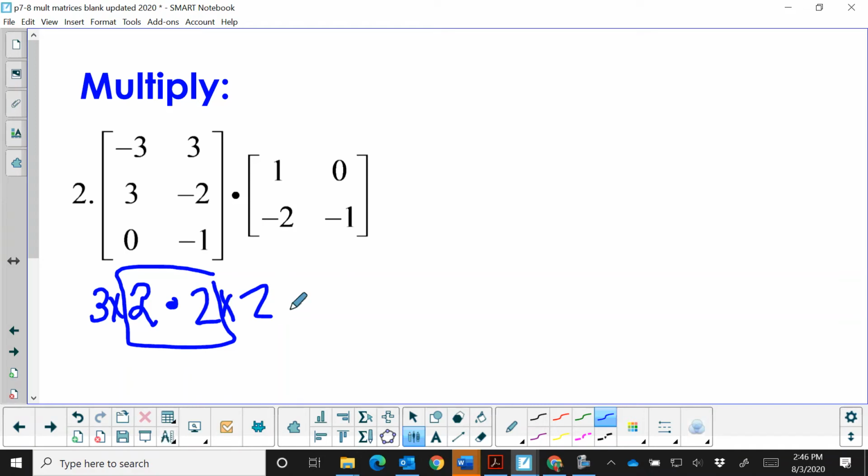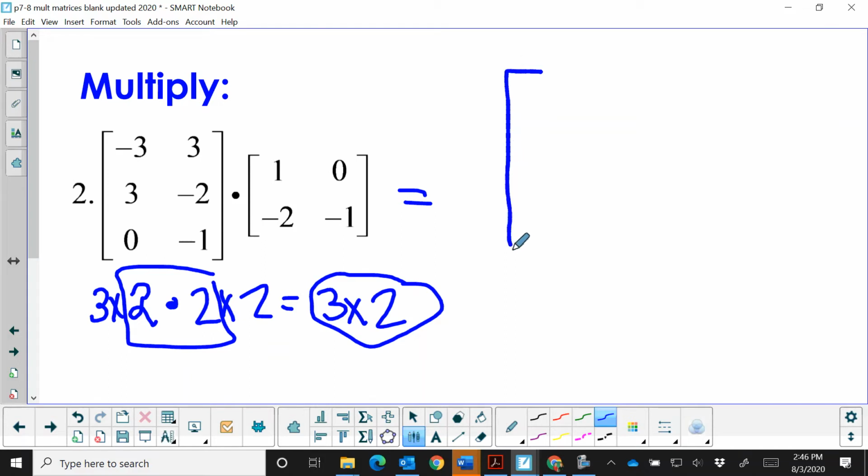The inner dimensions match, and my outer dimensions give my solution. So my answer is actually going to be a 3 by 2. So when I go to set this up, I'm going to make sure I leave room because I'm going to have 3 rows and 2 columns. It's going to be longer and skinnier. It's going to be long and skinny because I'm going to have 3.